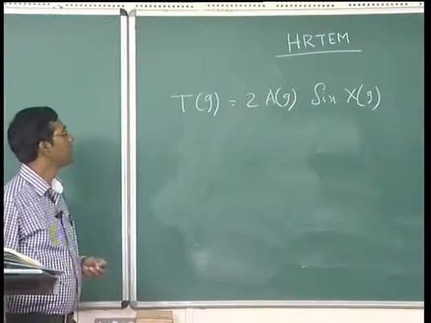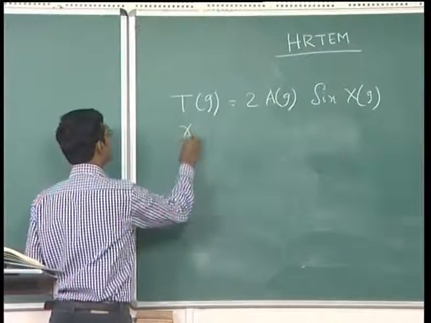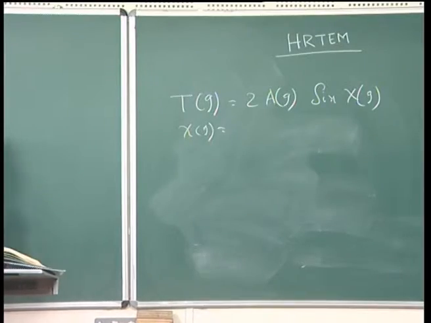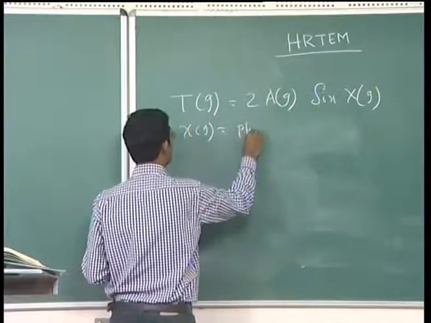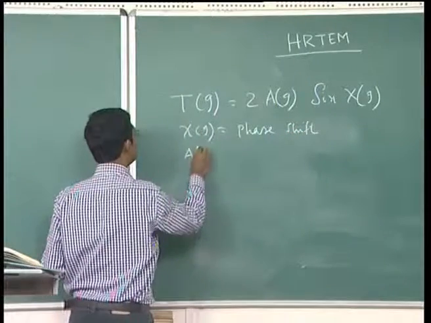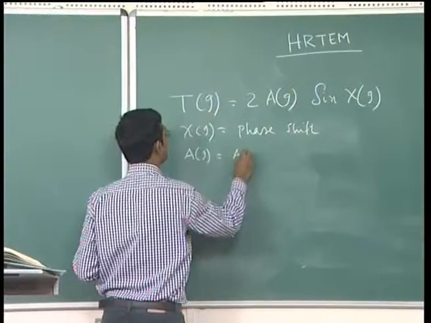This is the simplified transfer function of the objective lens, where A(g) tells us the effect of the beam selecting aperture, that is the aperture function, and ξ(g), which is a very important parameter here, is the phase shift.